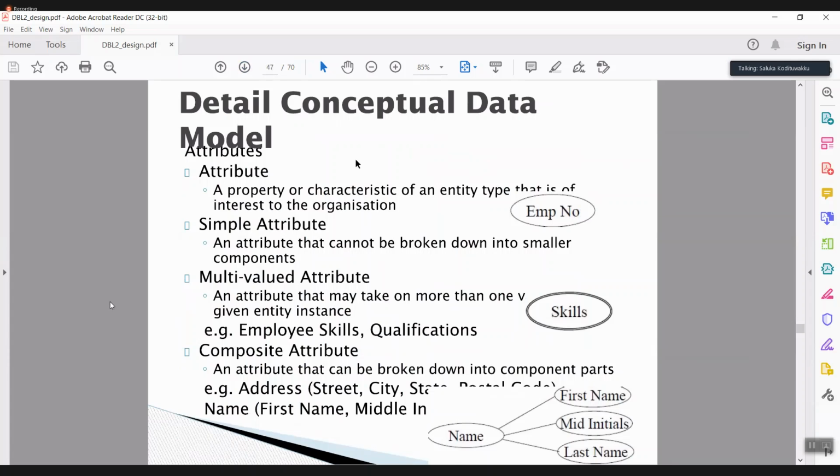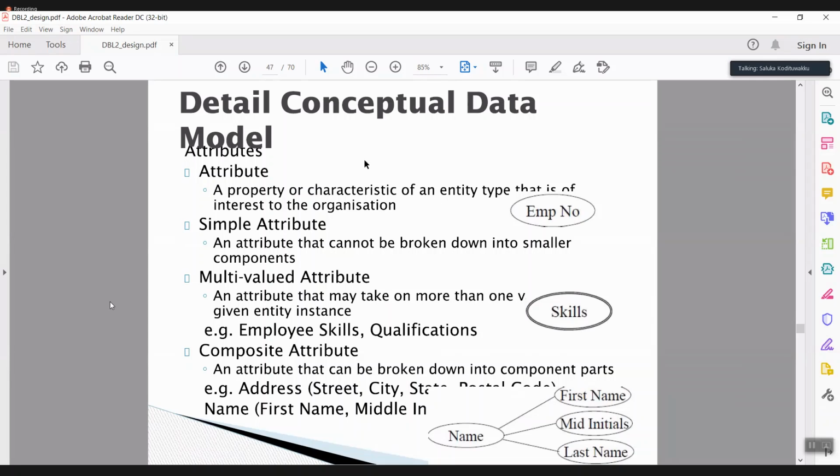And then the detailed conceptual modeling, that is where we have to talk about how to add the additional components, like I mentioned earlier. In the earlier diagrams, what we talked about is entities, relationships, existence, mandatory, cardinality, and all those things.